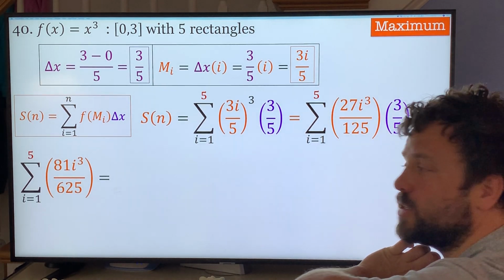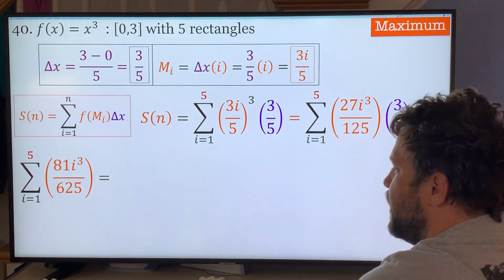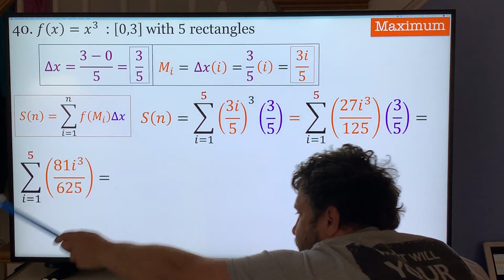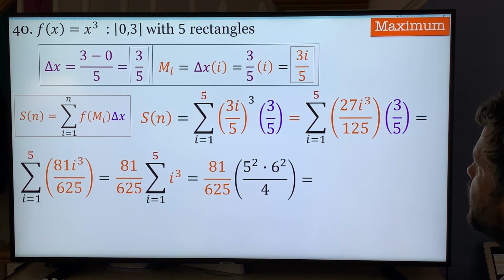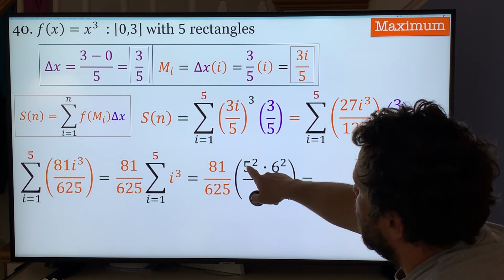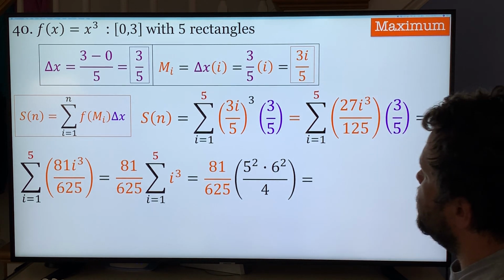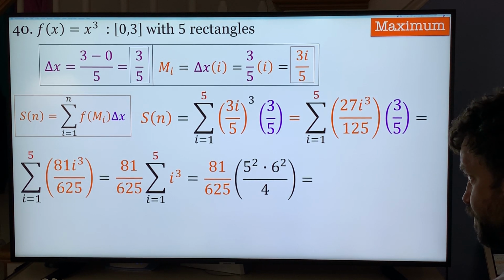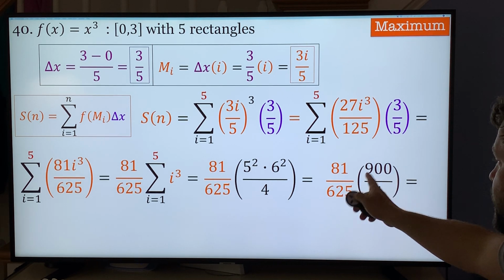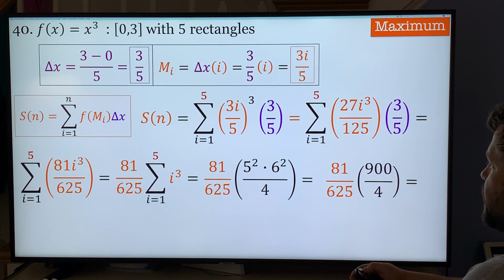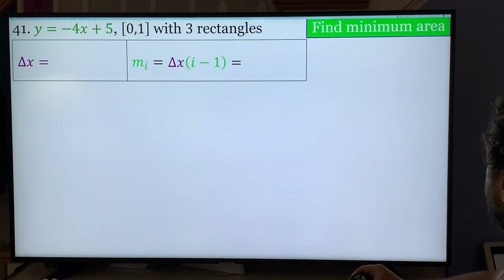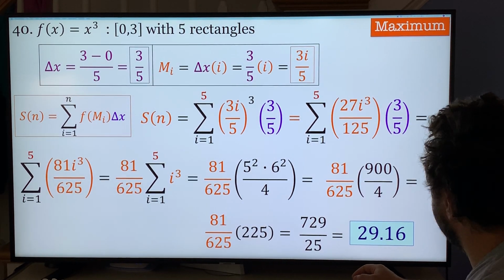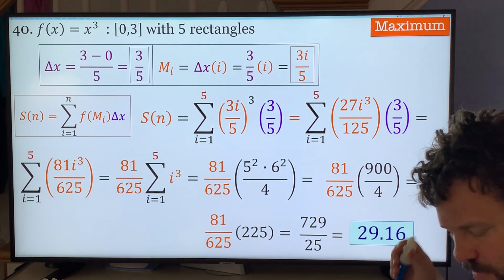You pull the 81 over 625 and move it in front of that sigma. Use your i cubed formula, which is n squared times (n plus 1) squared over 4. 81 over 625 times 900 over 4, which is 81 over 625 times 225, and you get 29.16 as an answer.